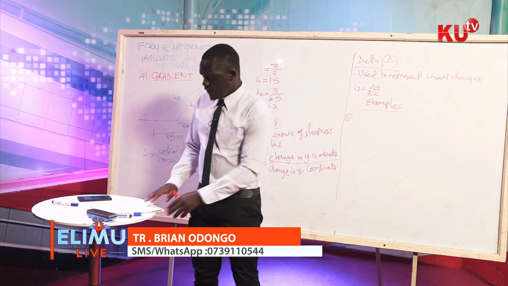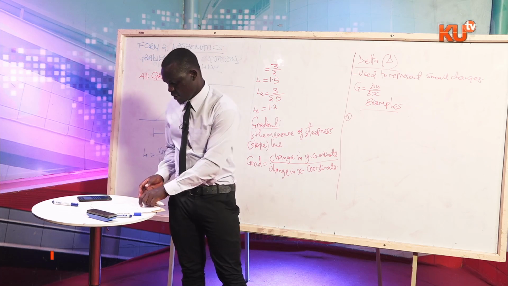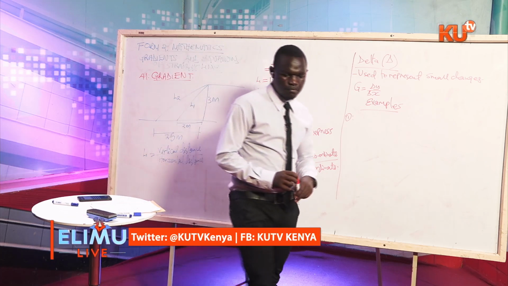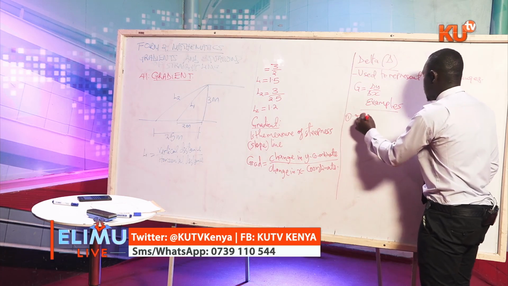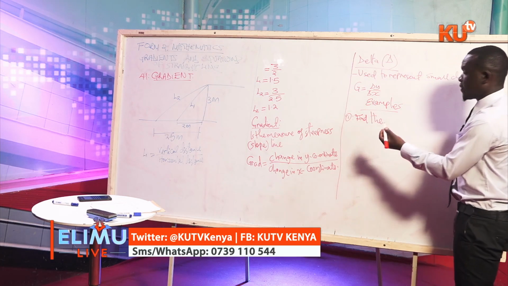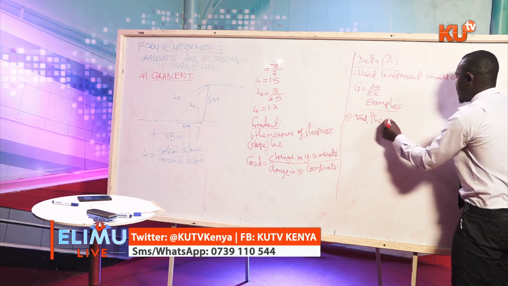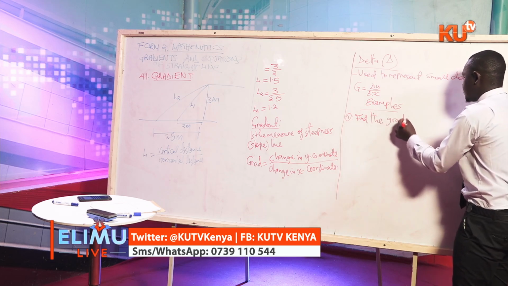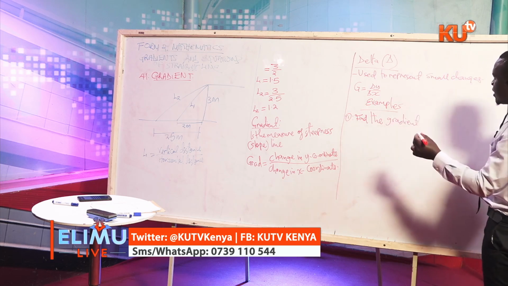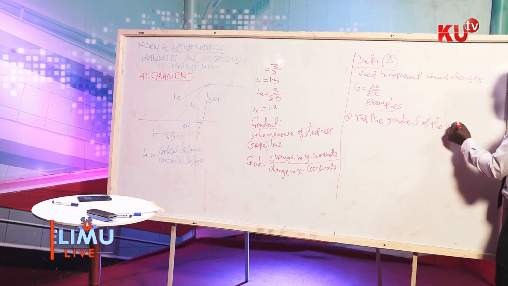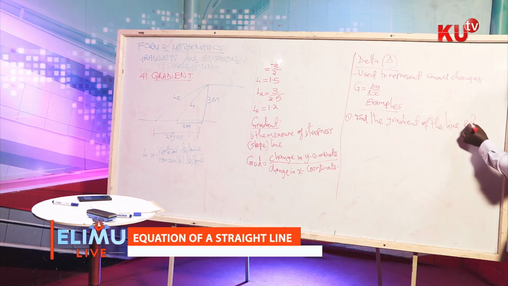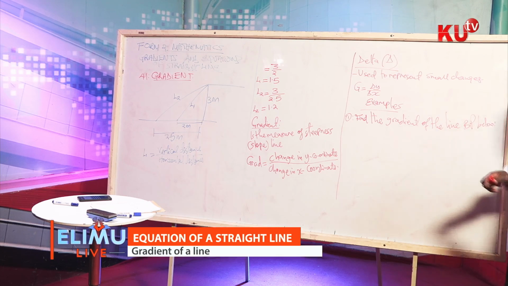Find the gradient of the line BP below. You are supposed to get the gradient of the line BP below.